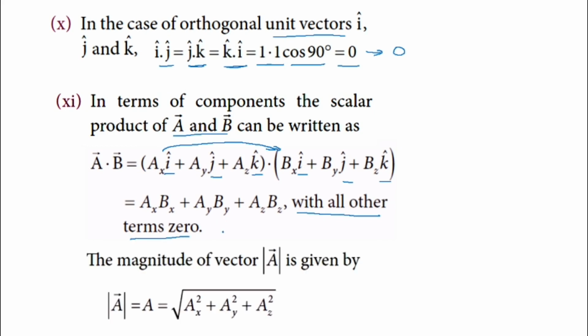And the magnitude of the vector: mod of the vector equals the root of A x squared plus A y squared plus A z squared, which gives the magnitude of the vector. Thank you.